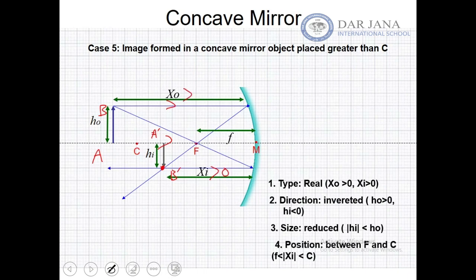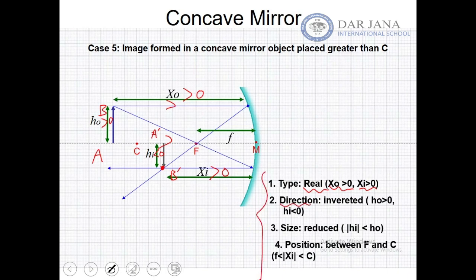The distance from the object to the mirror is also positive. Now, since the image is inverted, its height will be negative. And the object, since it's upright, has a positive height. The nature of the image is real. Both XI and XO are positive.